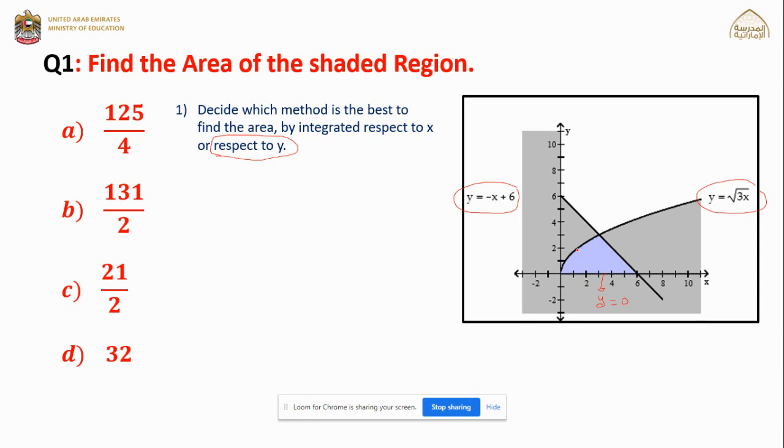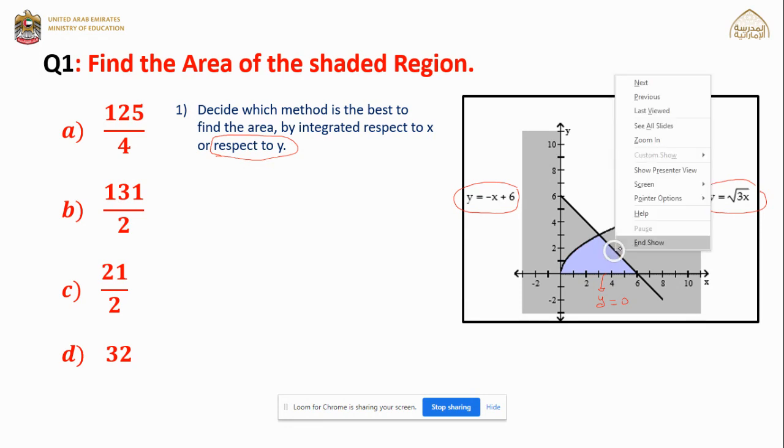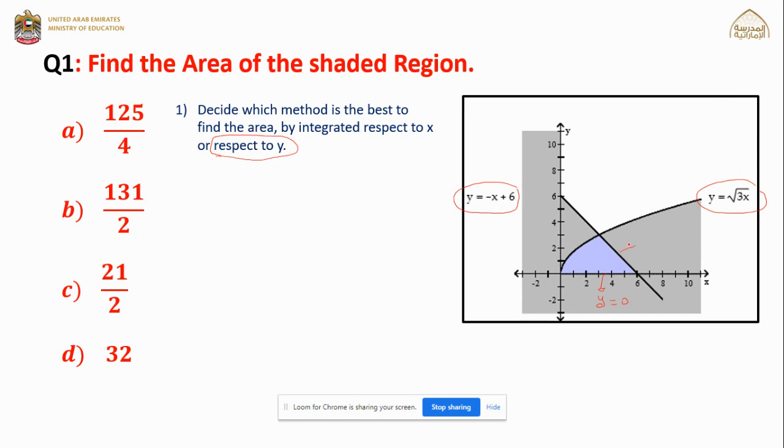If I go with respect to y, I will take the right function, this one, and the left one, this one. All the time when I find the area, I will go from right to left, like this. So I need just one integral to find the area.